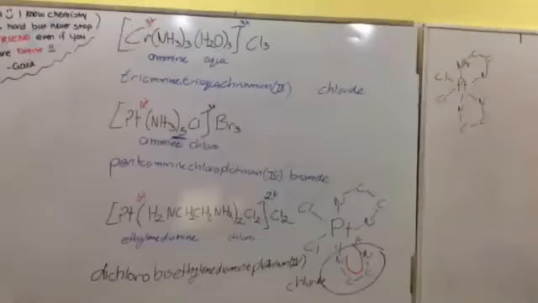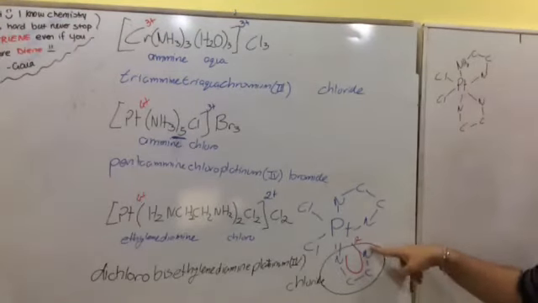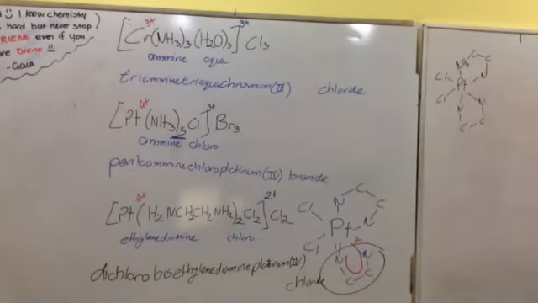Alright. So it is multidentate. Multidentate means it is sharing two lone pairs with the central atom. It's sharing one from this nitrogen and one from this. Okay?